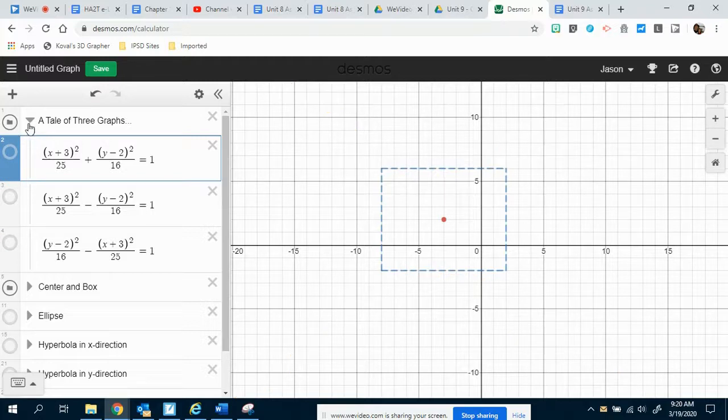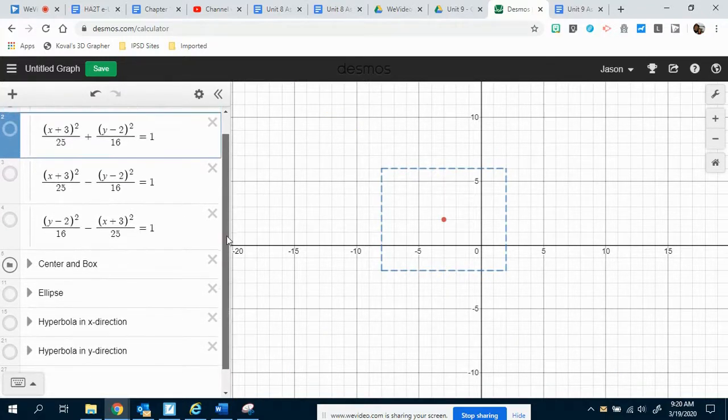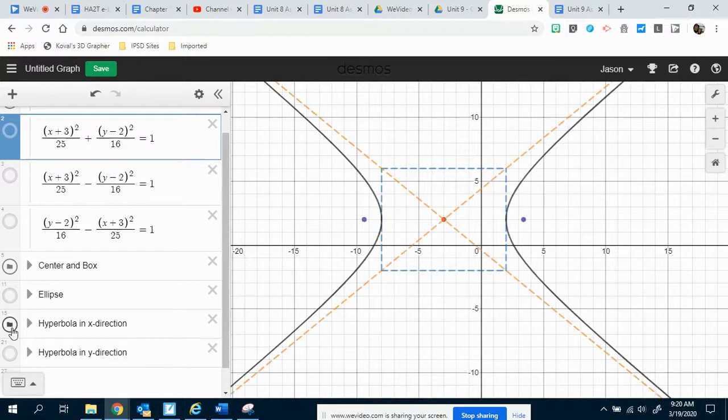So basically what's happening is if we take a look at the ellipse, everything that we know about the ellipse, with the focal points and everything, can all be determined from our box. The hyperbola in the x direction, which would be this one, also has all of the same information.